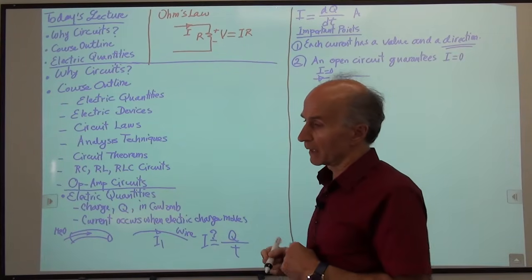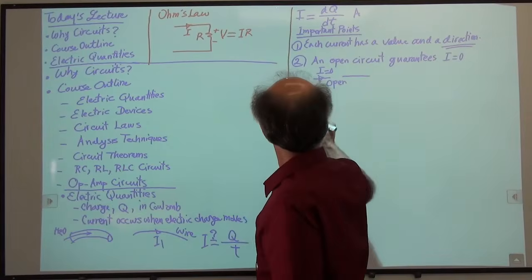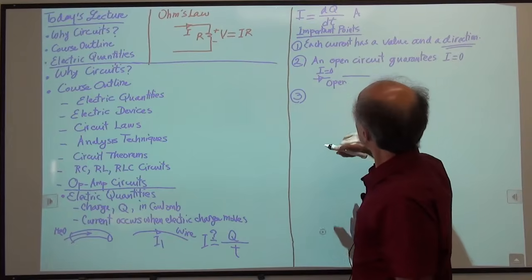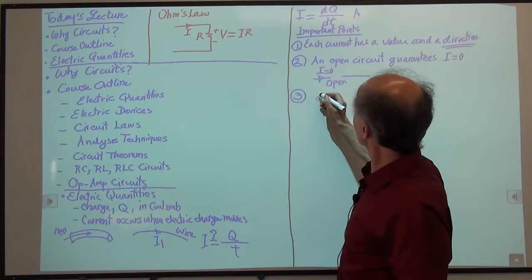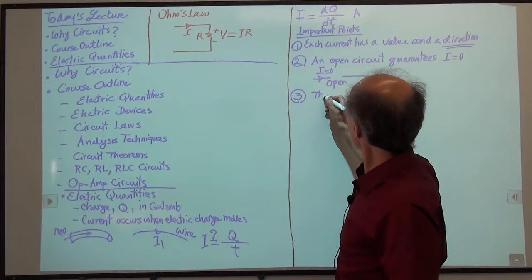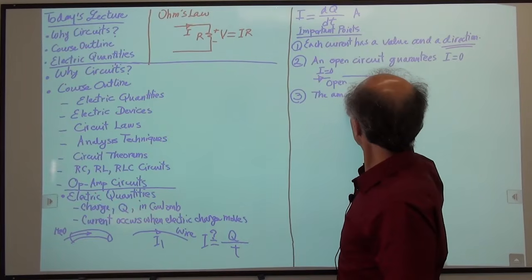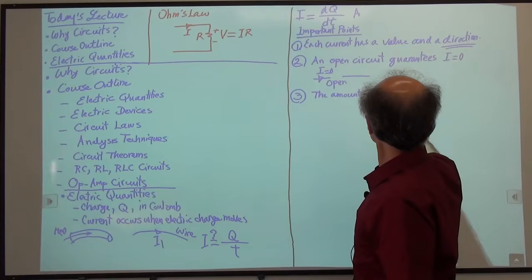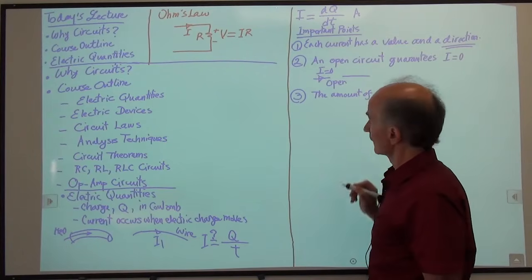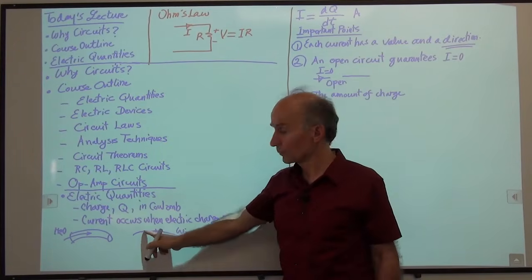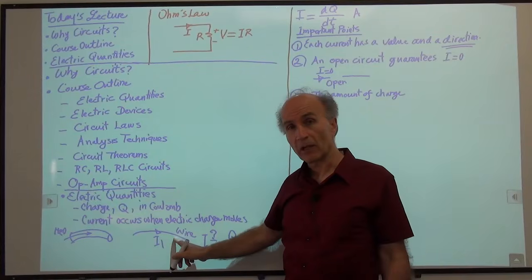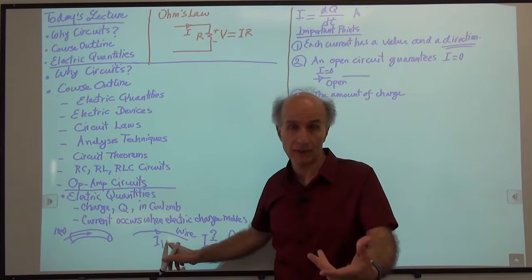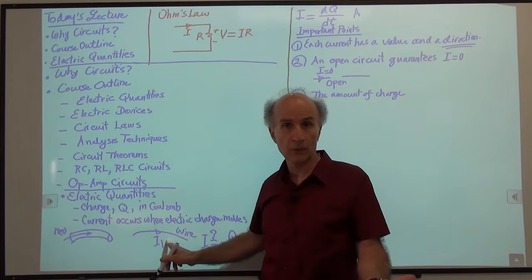Then we have the third point, and that relates to the amount of charge. So if I have a current through a wire and I'm asked to calculate the charge that passes through the wire in a certain amount of time, how do I do that?